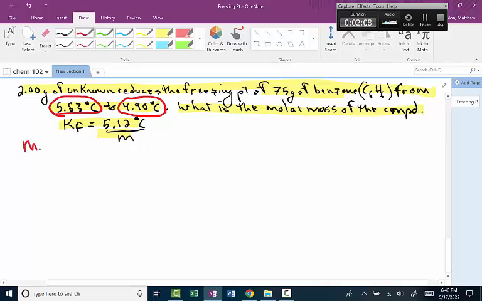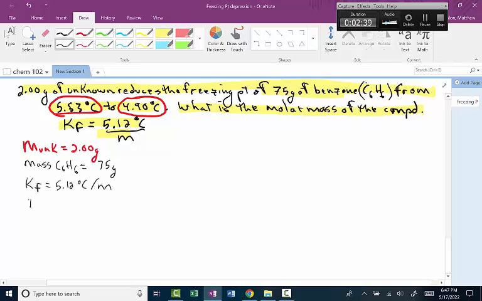So we start writing down stuff. The mass of the unknown is equal to 2.00 grams. Mass of benzene is equal to 75 grams. That's our solvent. Kf equals 5.12 degrees Celsius per molal. The normal freezing point, T freeze, equals 5.53 degrees Celsius, and T depressed, the one that goes down, is 4.90 degrees Celsius.